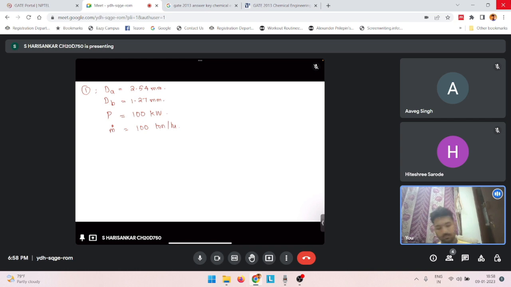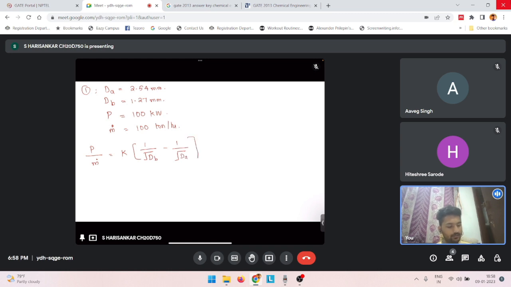Now we just write the Bond's law again. The Bond's law states that P by m dot is equal to K into 1 by root of dB minus 1 by root of dA.